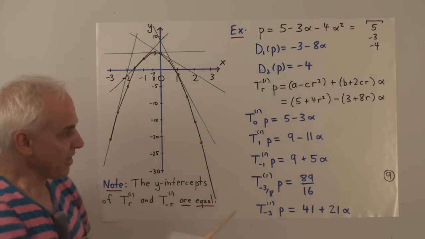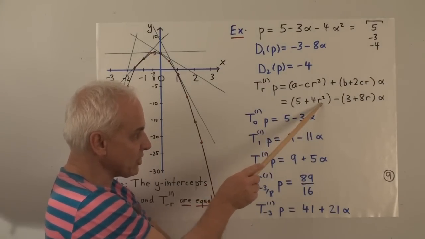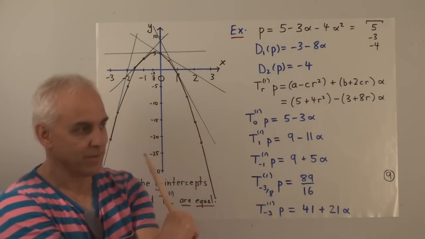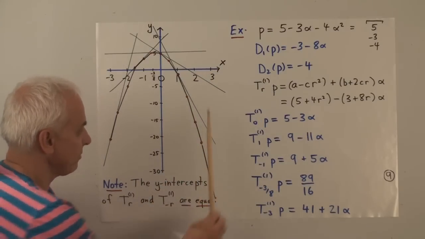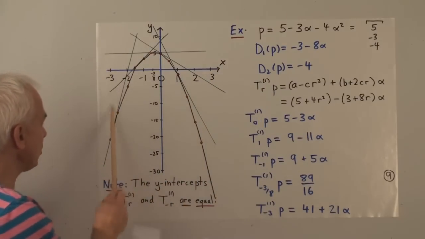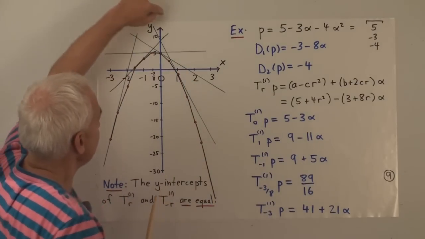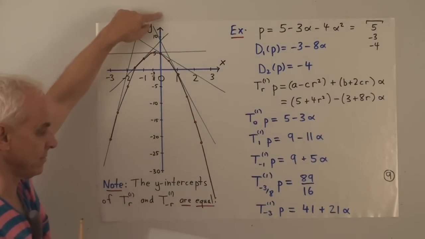Because the y-intercept is this one here. And if you replace r with -r, that y-intercept is not changing. So it means that if we took the tangent at 3, just somewhere there, and this tangent at -3, they are going to meet exactly on the y-axis.